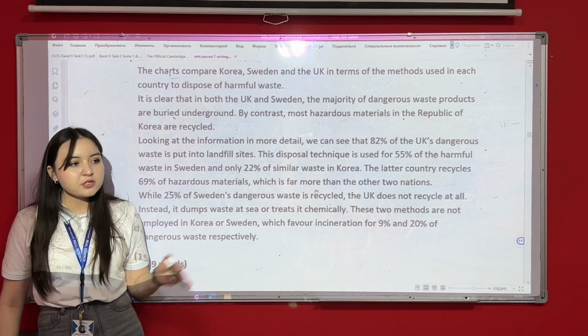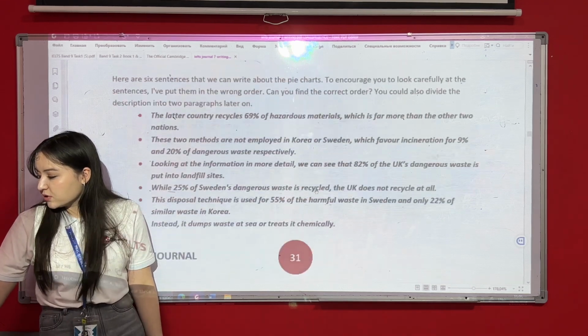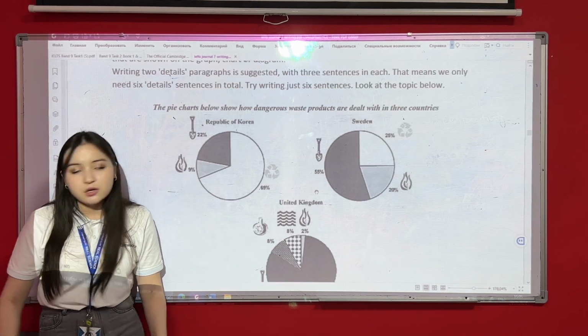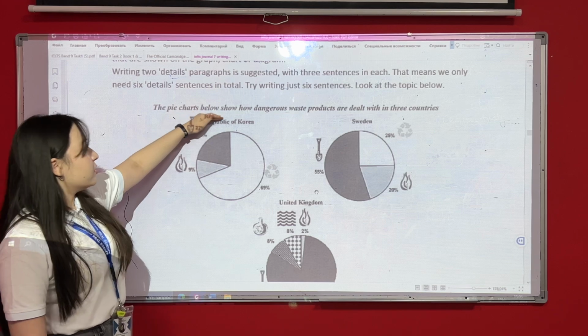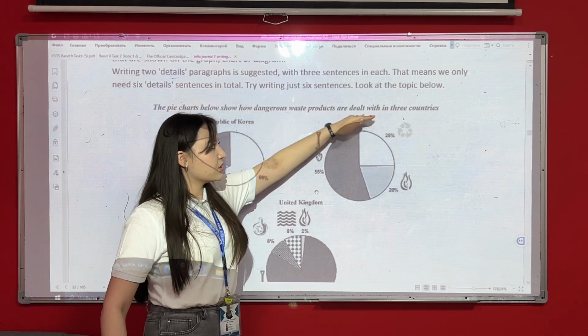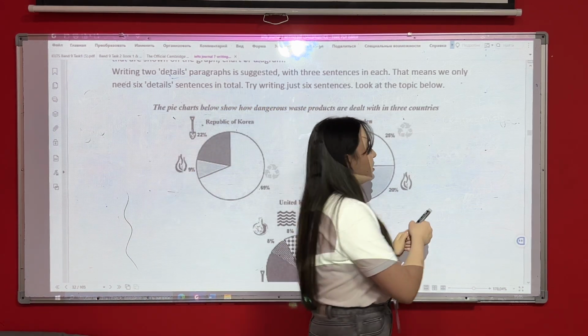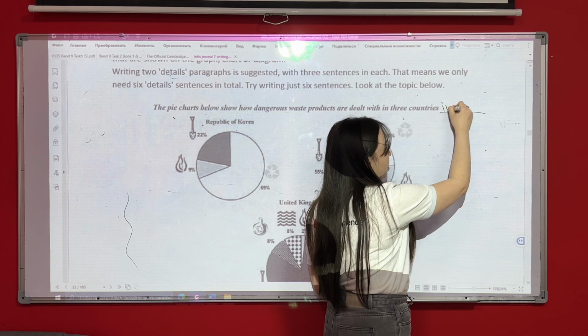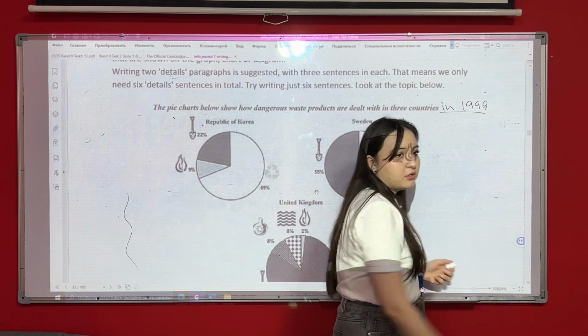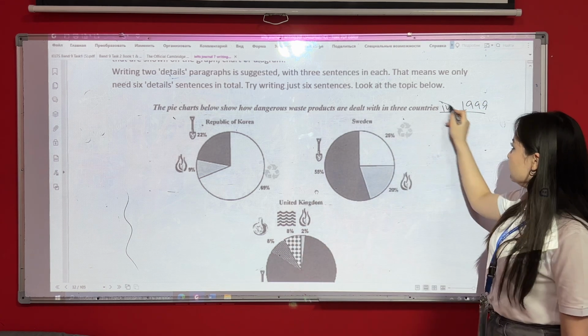No, it is in present, because here, guys, we are not given years, right? The pie chart below shows how dangerous waste products are dealt with in these three countries. There is no year, for example, in 1999, right? No, we should use present simple.